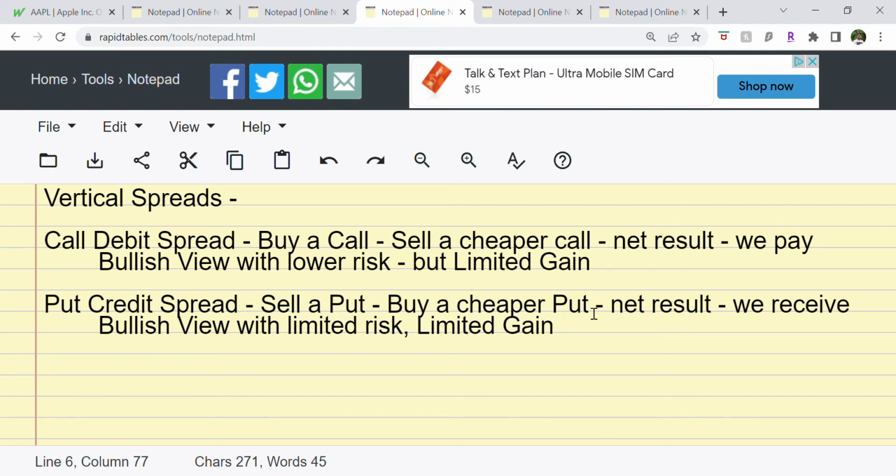Later on, after say a week or so, this is just the beginning of April, the price of Tesla rises, so both of these put prices will reduce. It will reduce even if Tesla doesn't do anything and just remains at the same place, because of the theta decay, the time decay in options.